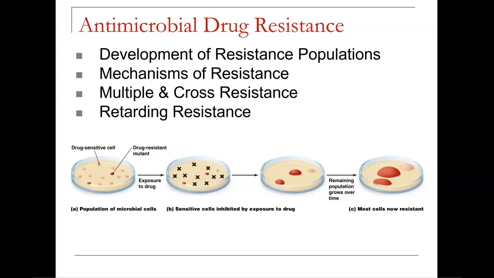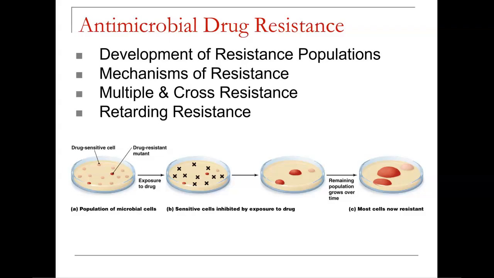So with our mechanisms of resistance, we have 7 of those. One, producing enzymes that deactivate the drug. So that's one way it could do it. The second way, slow or prevent entry of that drug into the cell so it can't get in to kill the microbe. Third, it could alter the target of the drug so the drug binds less effectively to the cells.